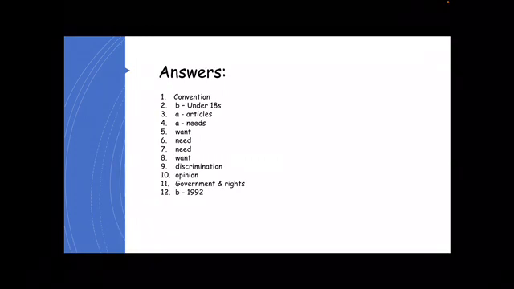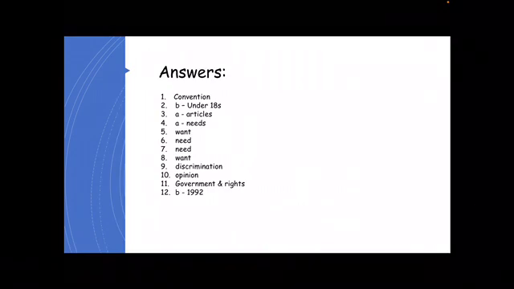So it protects children. Question number 3 was the UNCRC is made up of 54 what? Now you've probably heard me talk about this as we went through the video. But the answer is articles. It's made up of 54 articles, which are all the little statements that tell you what your rights are.